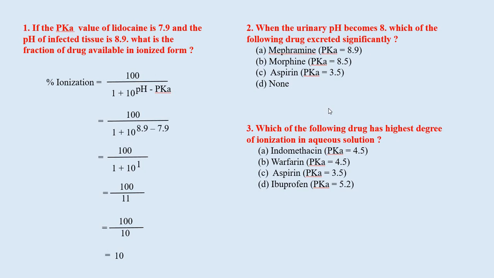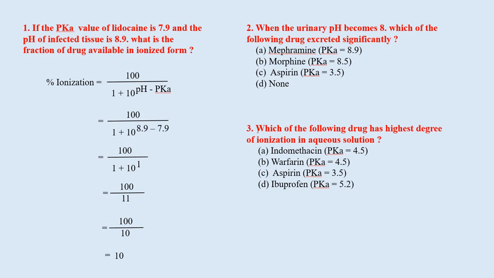Acidic drug in acidic environment, unionized form, maximum absorption. Basic drug in basic environment, unionized form, maximum absorption. If we do it counterwise, acidic drug in basic environment, ionized form, maximum elimination. You have to remember that. If you are able to remember that, then you will easily solve these problems.